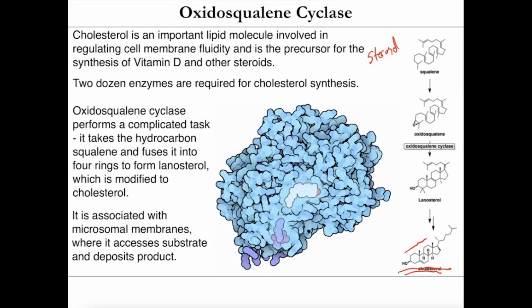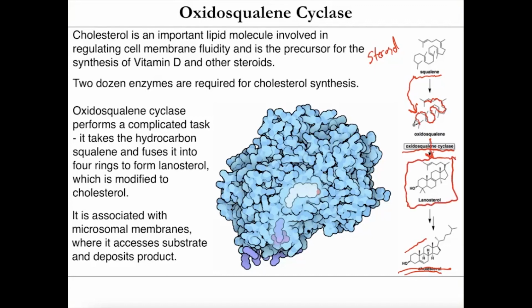And oxidosqualene cyclase actually performs one of the more complicated reactions. So what it does is it takes this hydrocarbon squalene, or actually a modified version of it, oxidosqualene, and then oxidosqualene cyclase will convert that molecule, which is basically a long hydrocarbon chain, and condense it to form those 4 fused rings.